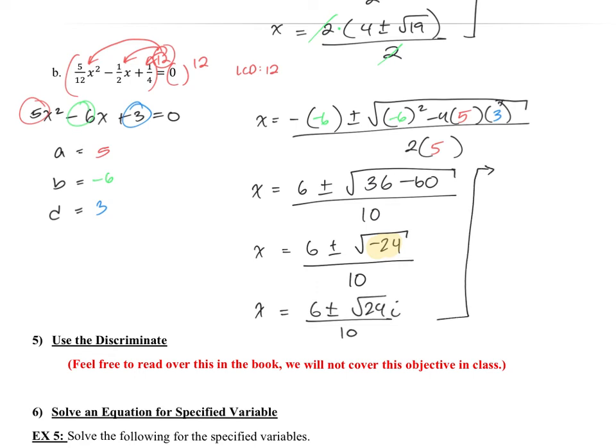Continuing over here, simplifying the radical, we get 2 root 6i over 10. Now let's split that fraction, because remember, for complex numbers, you need to answer in a plus bi form. And then we can simplify here.